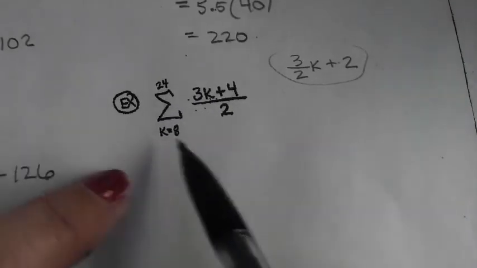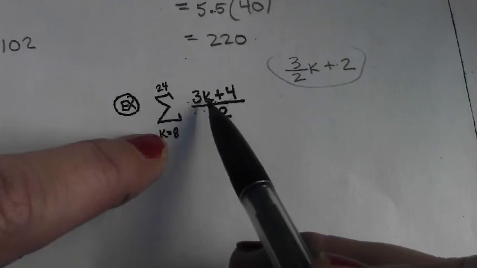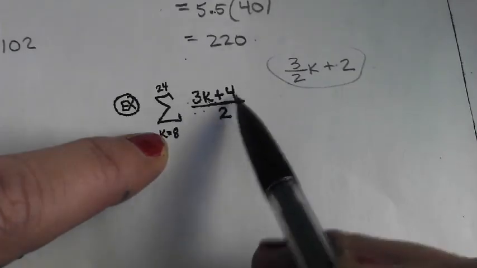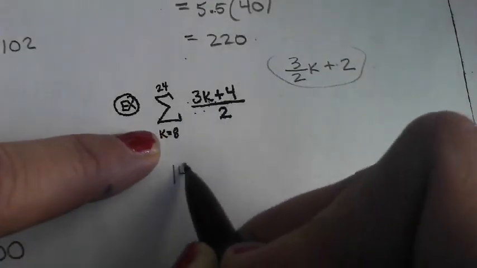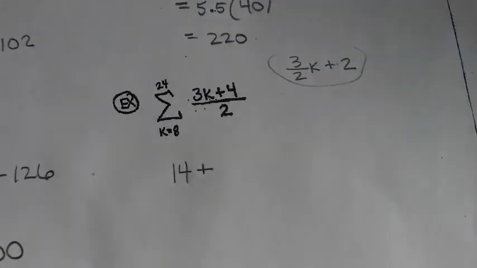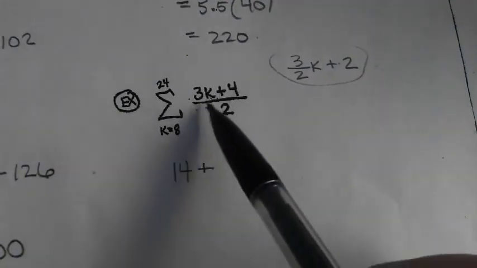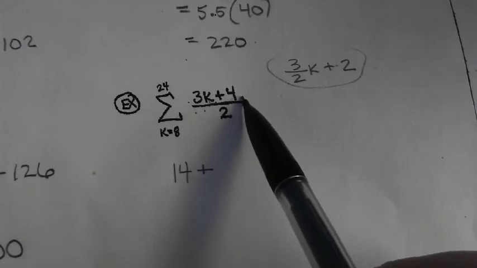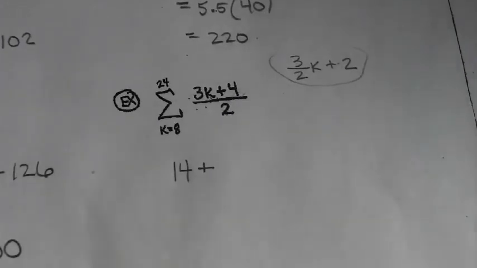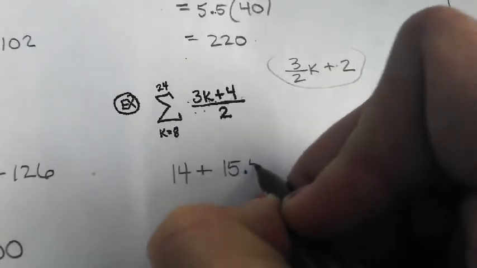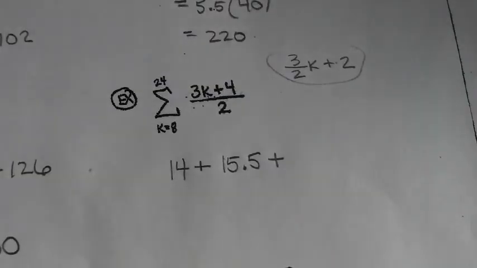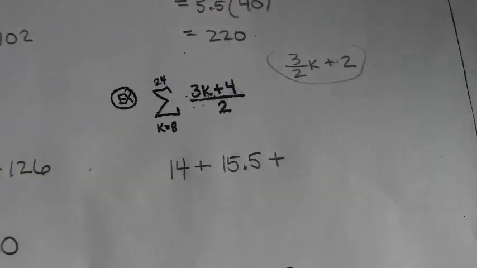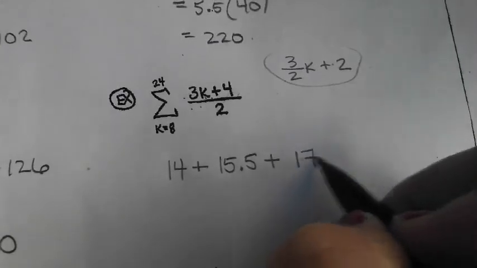Start the process. When I plug in an 8, I get 24 plus 4, which is 28. 28 divided by 2 is 14. Plus, when I plug in a 9, 27 plus 4 is 31. 31 divided by 2 is 15 and a half. Plus, plug in a 10. That gives me 34 over 2, which is 17.